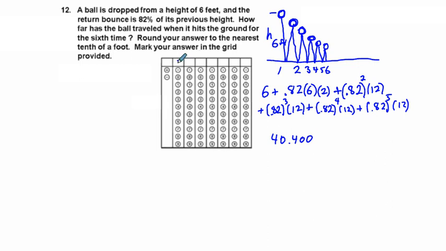So we can put in here 40.4, and then just pulling this in 0, 1, 2, 3, 4, 40.4.